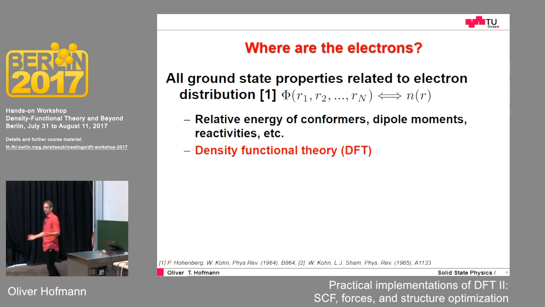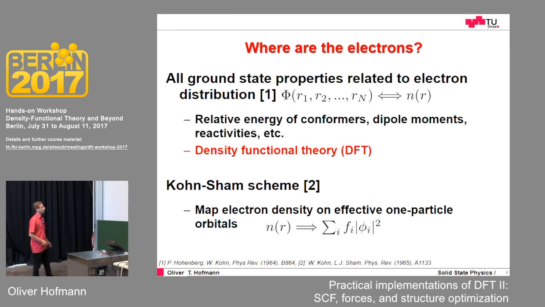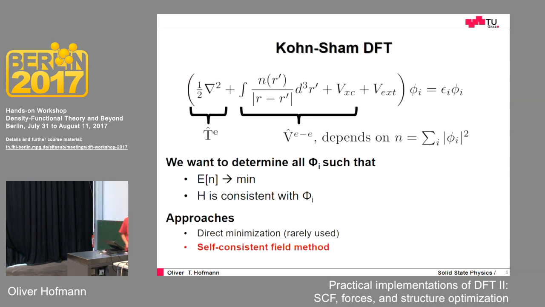And this is where we then actually want to employ density functional theory. We use density functional theory in the Kohn-Sham scheme, which means that we map the electron density onto effective one-particle orbitals, and the electron density is then given essentially as the sum over the square of the wave functions of these orbitals times their occupation.